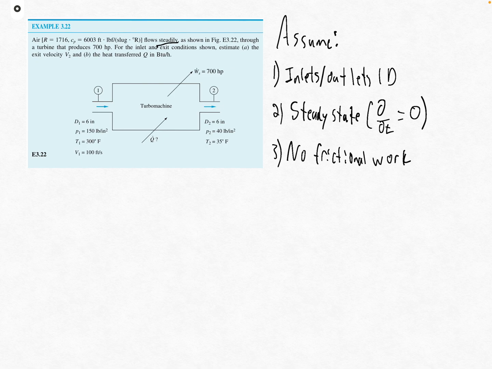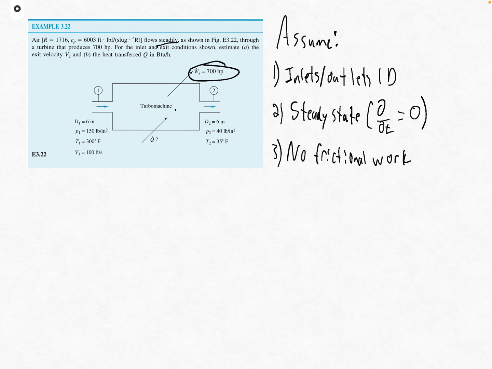And again, remember, when we say there's no frictional work, we're not saying that there's no drag on any of the turbo machinery parts. What we're saying is that any drag that might have happened on those turbo machine parts is just being bumped into that shaft work term. In this case, 700 horsepower that we're getting out through that turbo machine inside our control volume.